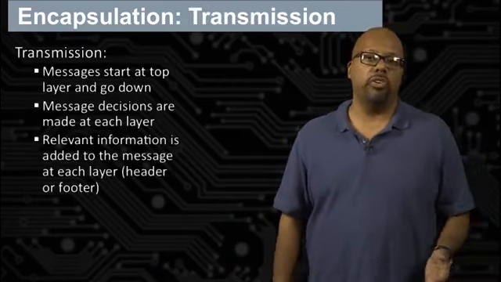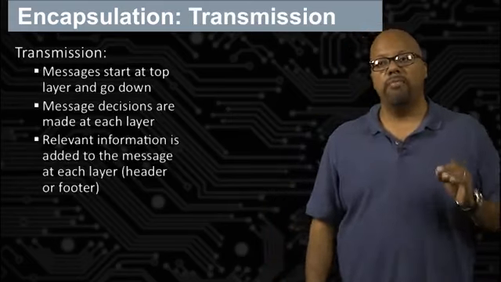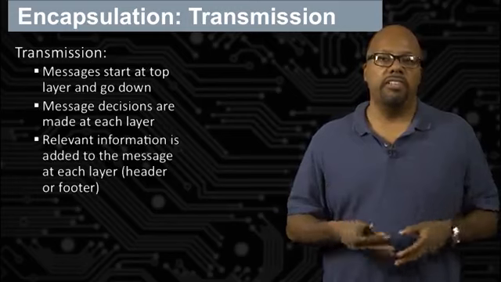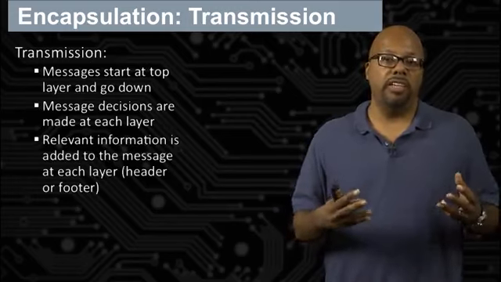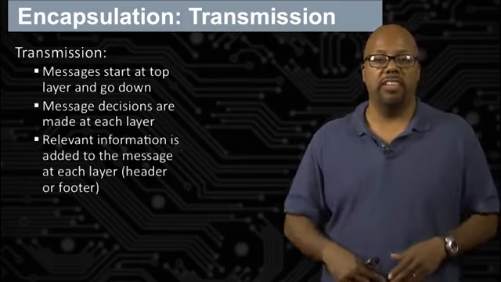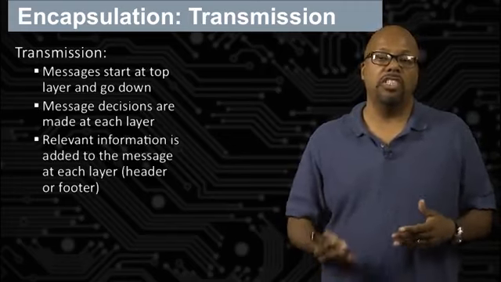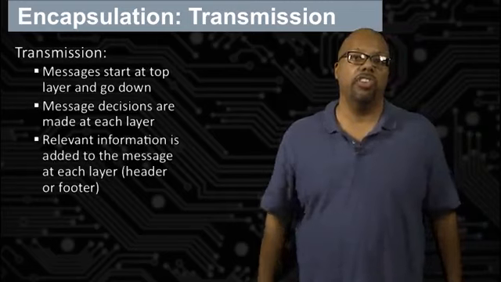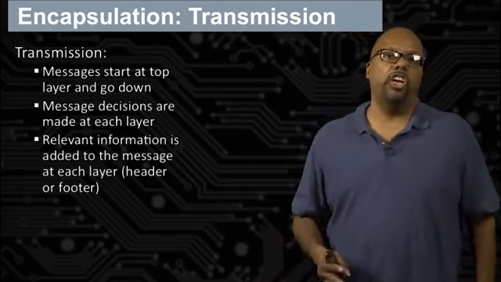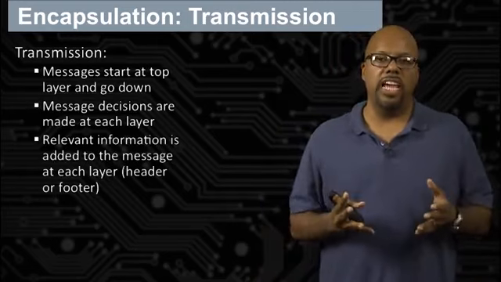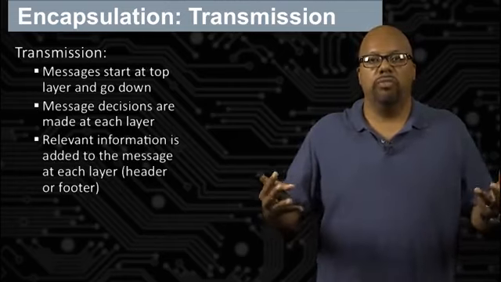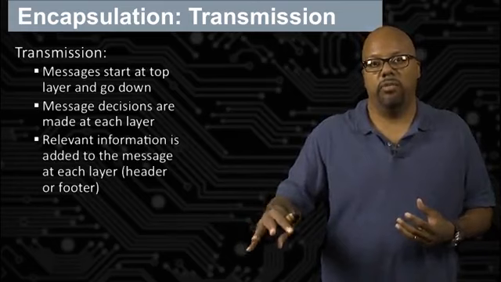So at transmission, when you want to send a message, the message starts at the top layer and then goes down. You put the message into the top layer protocol, it makes its decisions, adds to the header, passes it to the next layer, which makes some decisions, adds to the header, and continues until you get to the bottom layer. The bottom layer is called the physical layer, and at that layer it actually takes the data and puts it onto a transmission mechanism, some kind of medium.